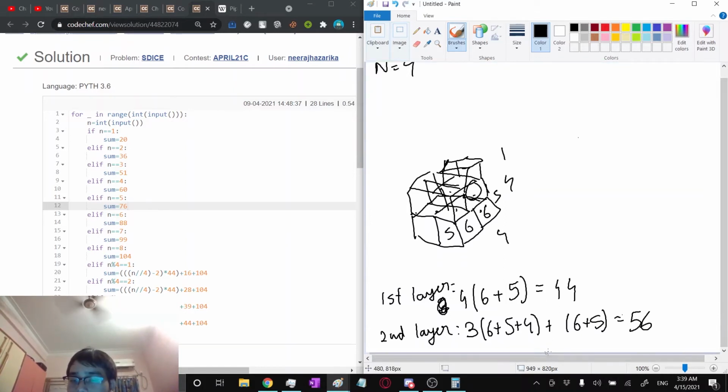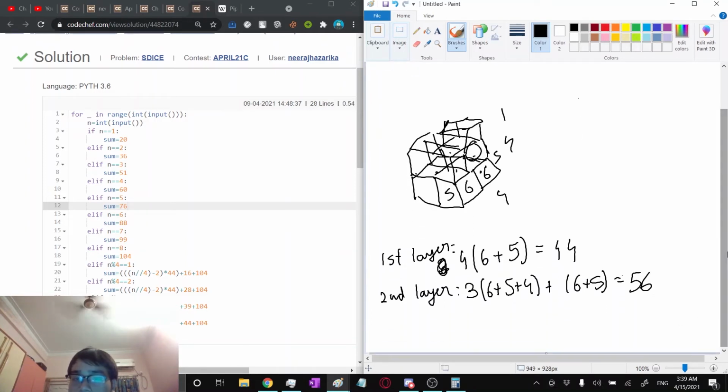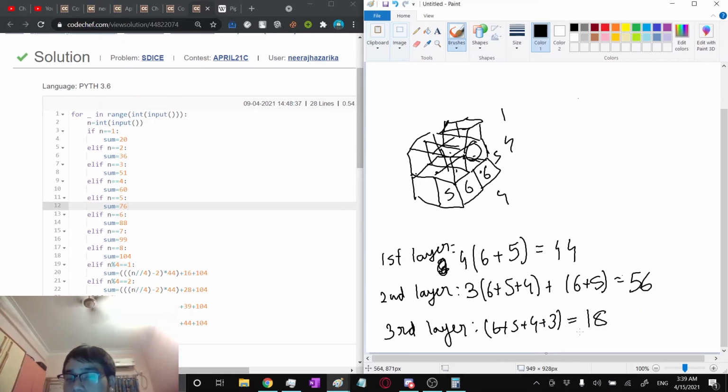Let me extend this. For the third layer, since 4 side faces are visible, we obviously give the first 4 maximum numbers, that is 6 plus 5 plus 4 plus 3. And this would give us 18 as the sum.